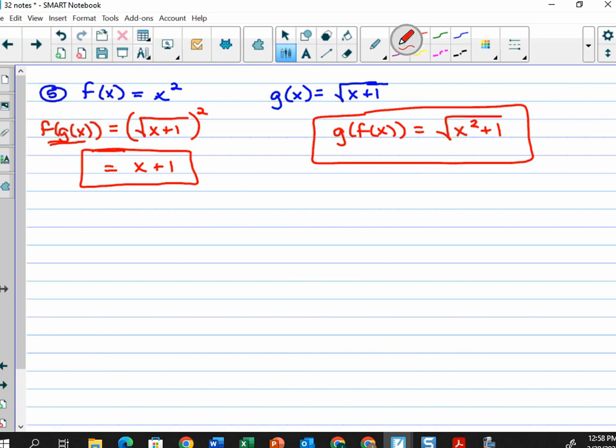Is there any number that when I square it and add 1 to it, I get a negative 1? No. It's a tricky one. Domain's the tough part on these two.